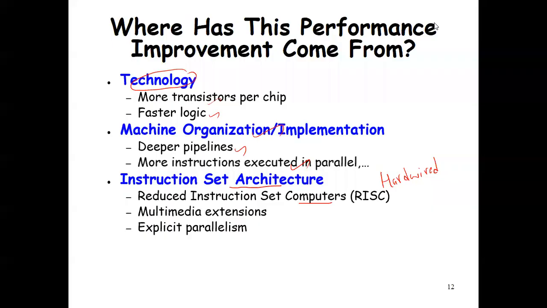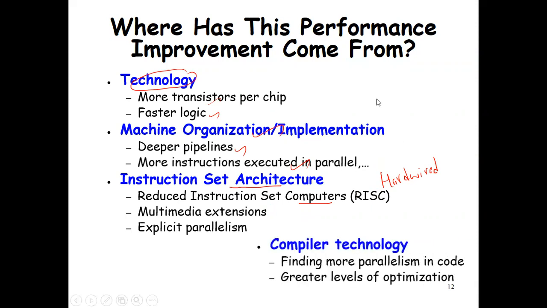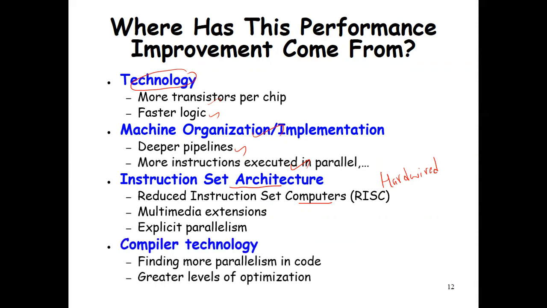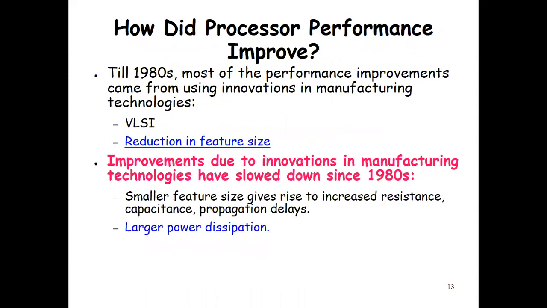So with all these things, the performance increment happens: technology, pipelining, parallel processing, and the use of a RISC instruction set with a hardwired control unit. And also compiler technology. By using an optimized compiler, the performance will also improve, right?